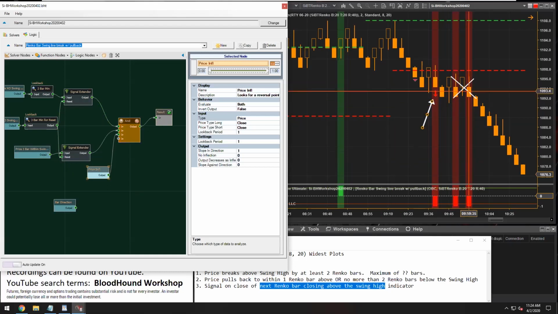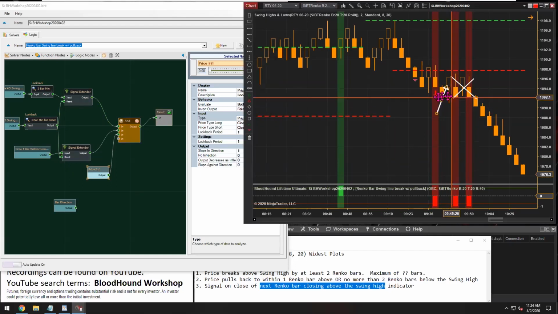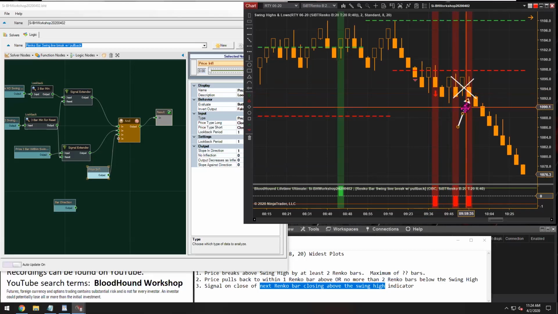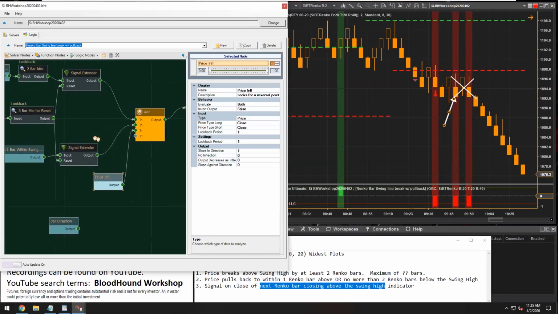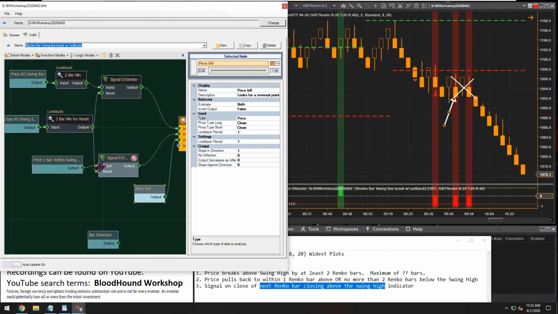I was trying to come up with some logic here that I could use to detect some kind of condition, something I could build and then feed into the signal extenders, into the resets here.